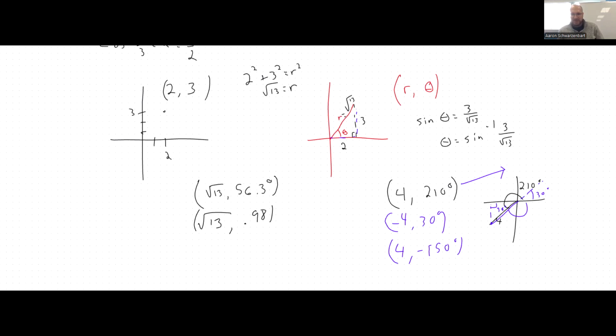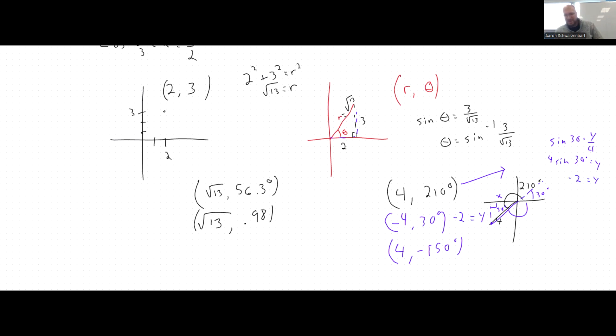So this side, y, that's sine of 30 equals y over 4, which means 4 sine 30 equals y, which that's 2. The thing about this, though, is it's in the negative direction, so I have to just assign the sign correctly. My y-coordinate is negative 2.